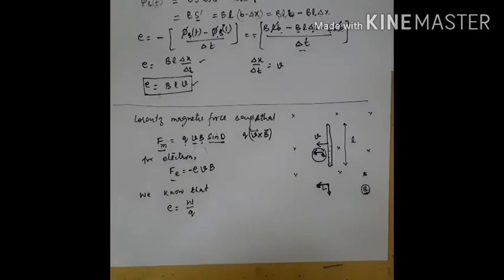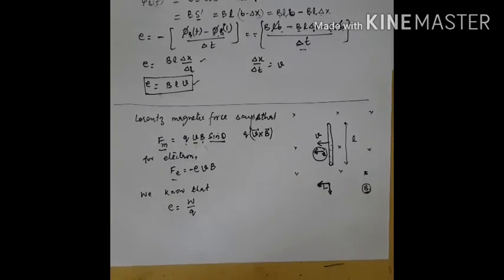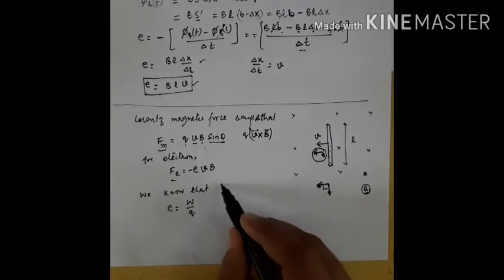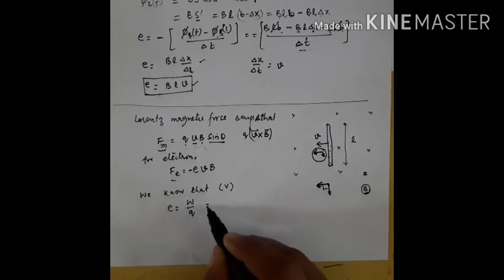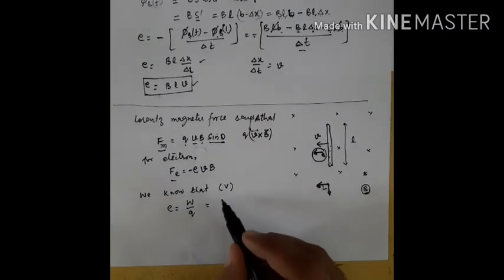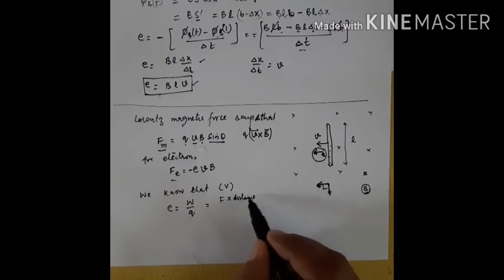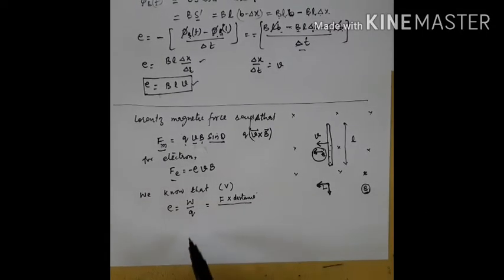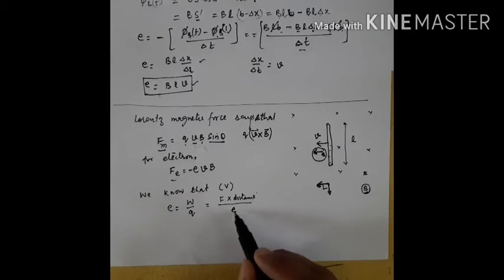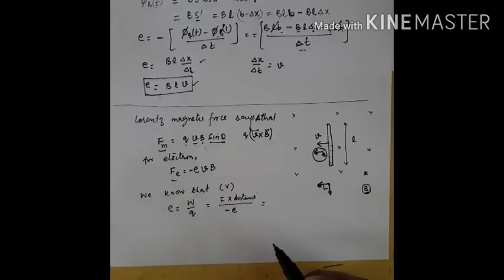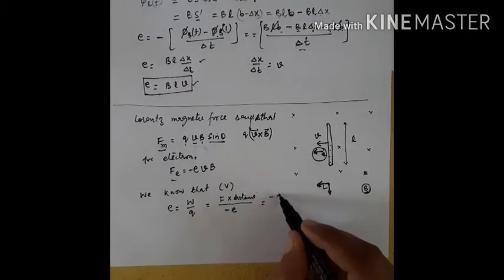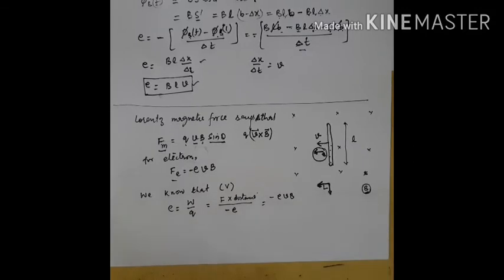Here we want to calculate the induced EMF. We know that induced EMF, or potential, is equal to the work done per unit charge. Work done is force multiplied by distance, divided by charge. The charge of the electron is minus e. The force experienced is minus evB. And what is the distance?